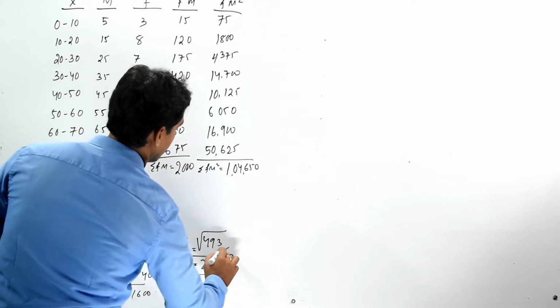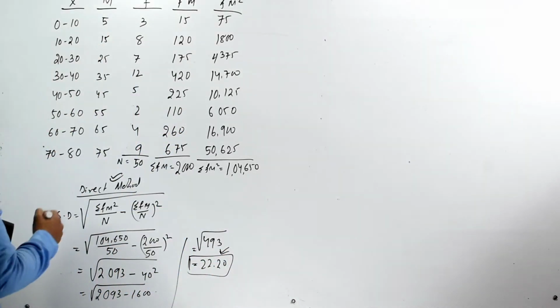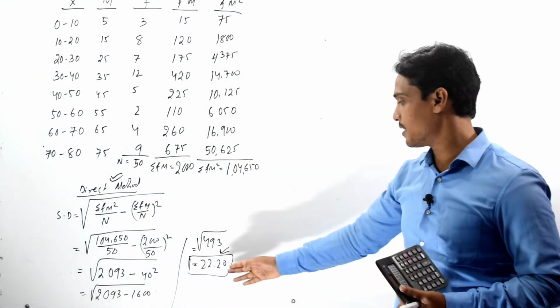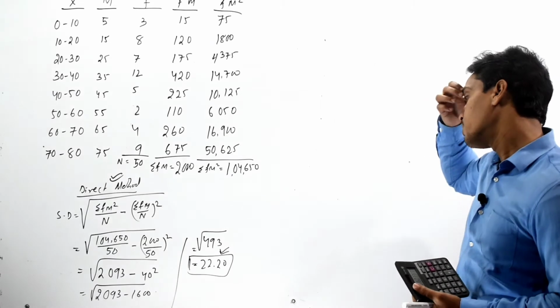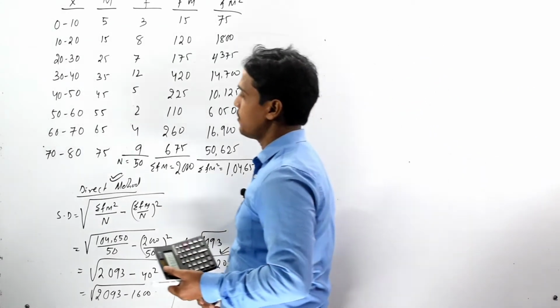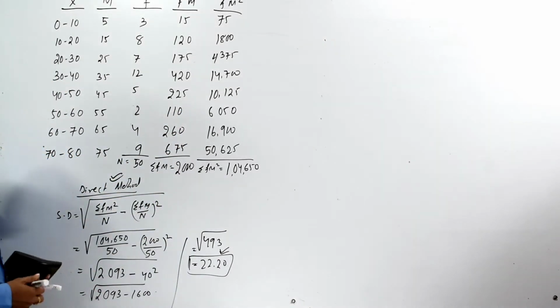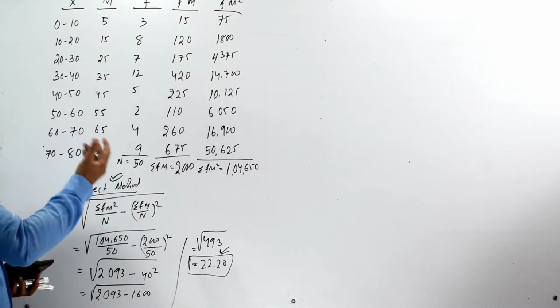So the value of the standard deviation of the given series under the direct method is 22.20. Now we should find out standard deviation by using shortcut method.